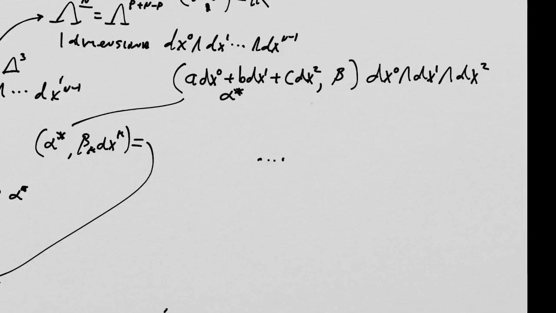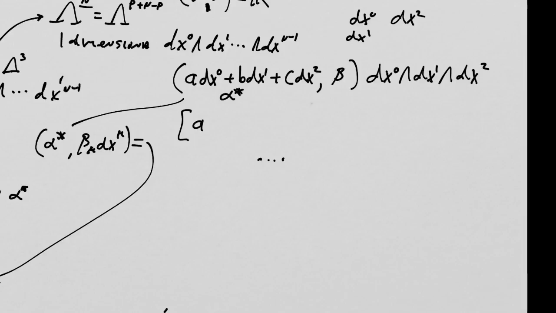So now I can actually figure that thing out by just taking B one time after another to be dx0, dx1, and dx2. And from that, I can calculate everything very straightforwardly because remember, this has got to be true for any B. Alpha star has got to work for any B, so it's certainly going to work for these basis vectors. So everything being linear, this is really easy.